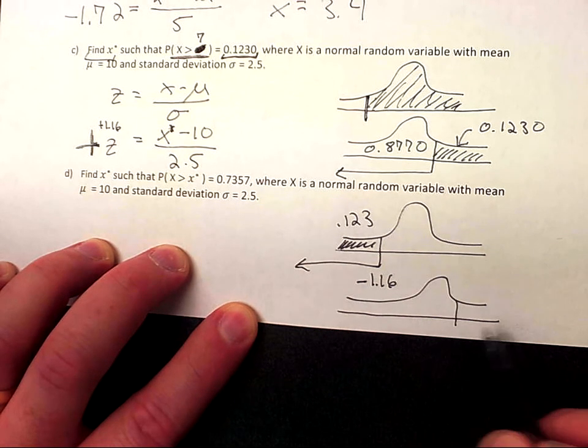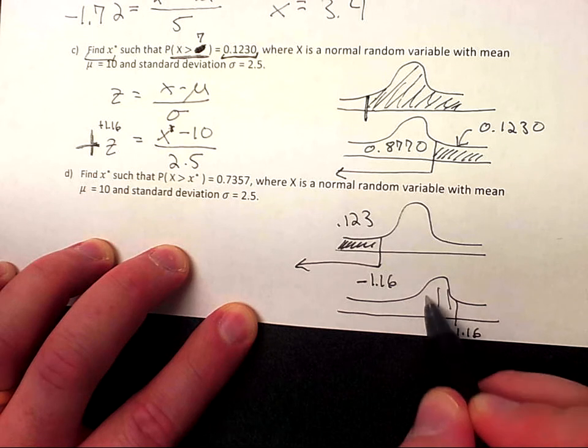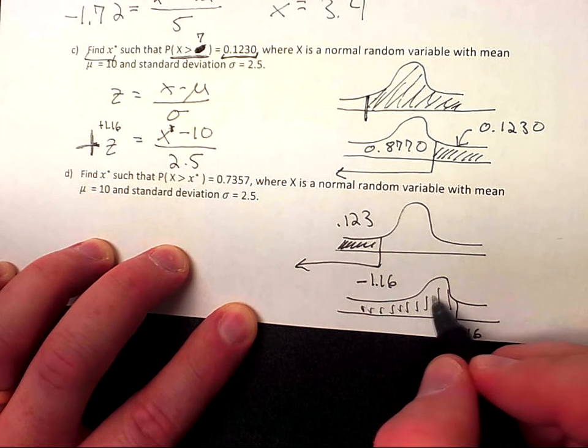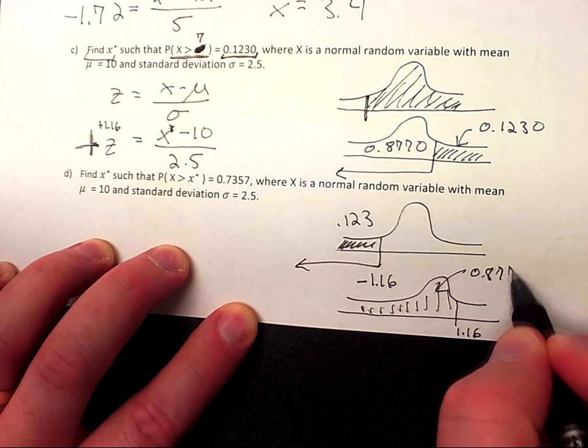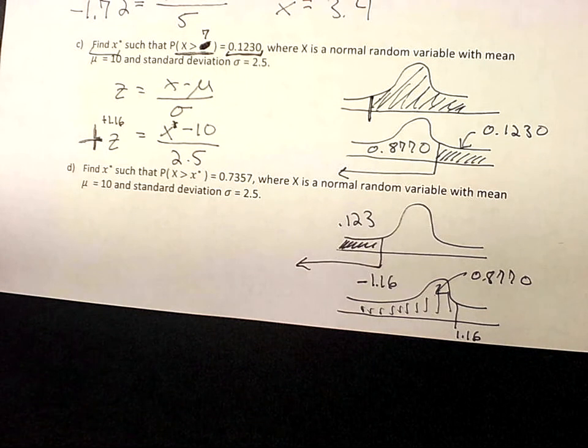And from here on down, which is a positive z-value of 1.16, we have the rest of it, which is 0.8770. Right? Because all that we're saying here is that this amount is this amount. So therefore, if we want to find out z-value of 1.16, one of the things that we could do too is just find a z-value of negative 1.16 to know that these two things are going to be equal. Right? All we're just doing here is flipping stuff and going positive and negative and stuff like that.